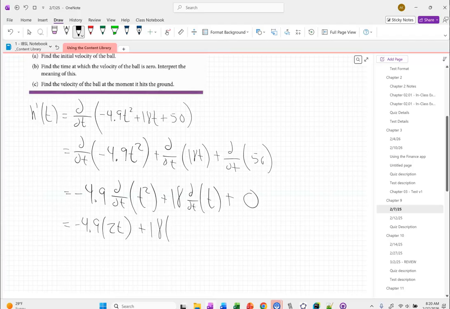So the exponent becomes the coefficient, okay, and we subtract 1 from the exponent. So I have 1t to the 0. Okay. What's t to the 0? Nope. What's anything other than 0 to the 0 power? Olivia? 1. So the derivative of t is going to be 1.